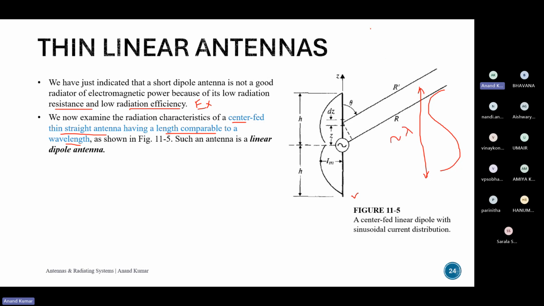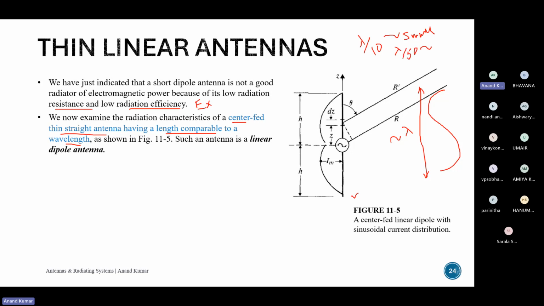In general terminology, if the length is less than lambda by 10, it is believed to be small, much smaller than the wavelength. That qualifies somewhere around the Hertzian dipole, usually referred to as lambda by 50.